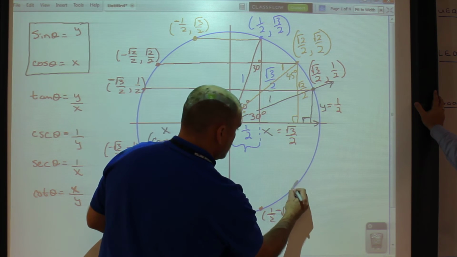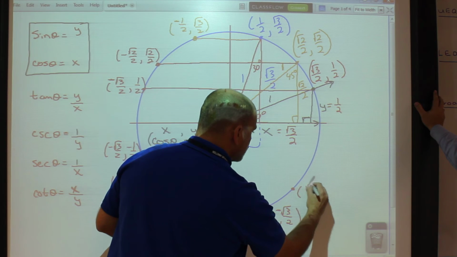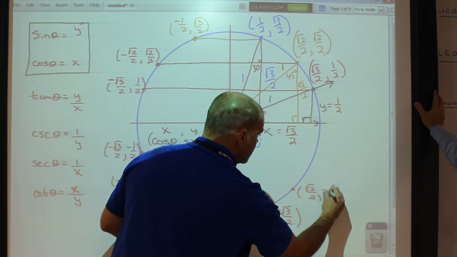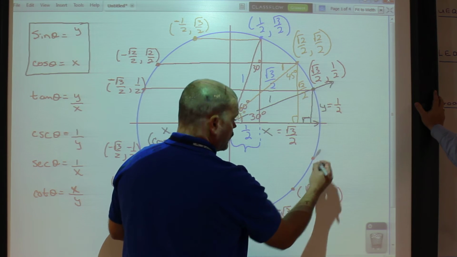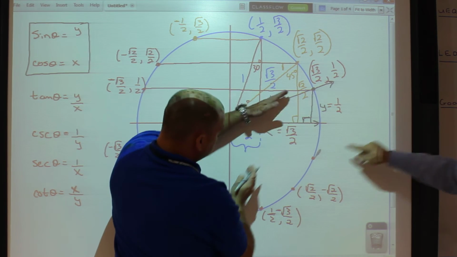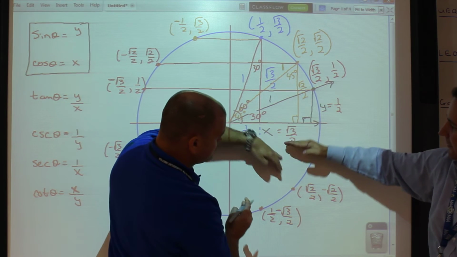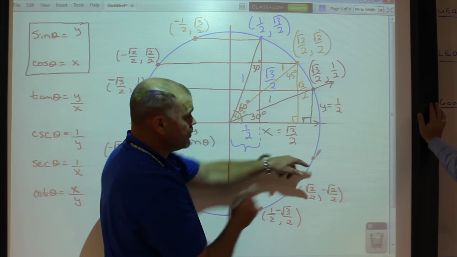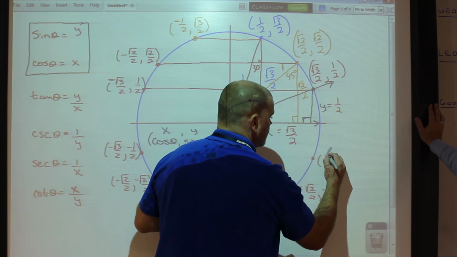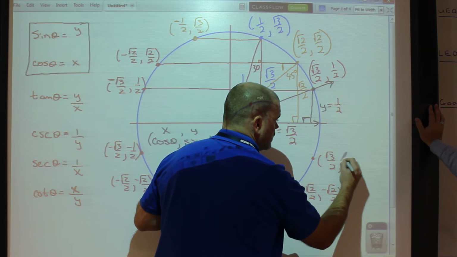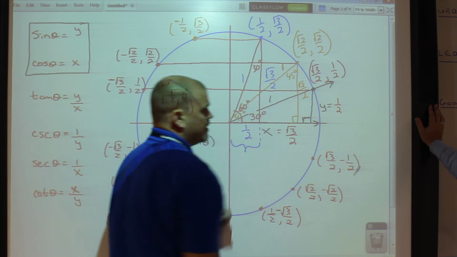And then for our 45, it'll be square root of 2 over 2 and negative square root of 2 over 2. And then for our 30-degree reference angle, here's 30 degrees. That's 330 degrees if we sweep all the way around. So then that's going to be square root of 3 over 2 and negative 1/2.